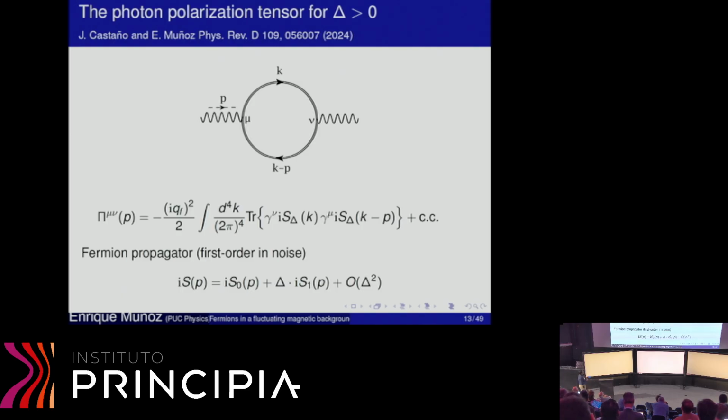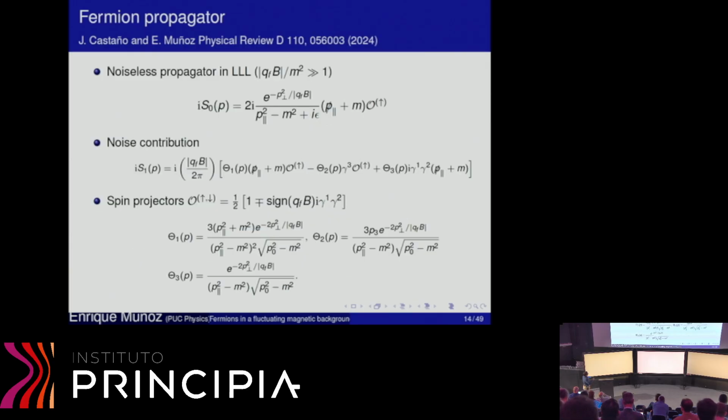And also, in order to get a better grasp of the results, we're not pretending to be super precise here. We want to see what is the effects of noise qualitatively. So instead of using the full expression with all the Landau levels, now we're going to use, in this calculation, the lowest Landau level. And for the lowest Landau level, the propagator has the noiseless component, which is just this exponential part.